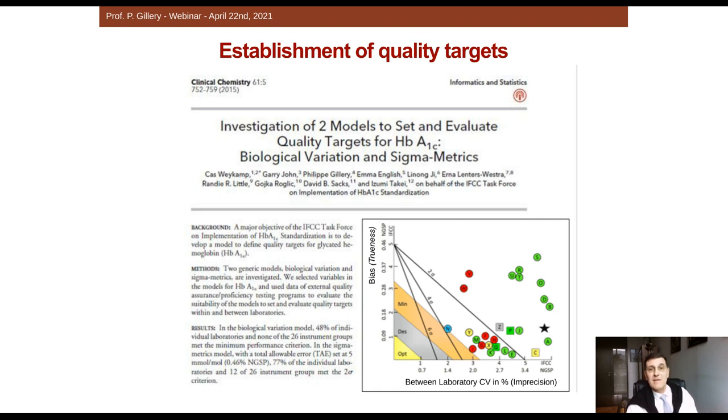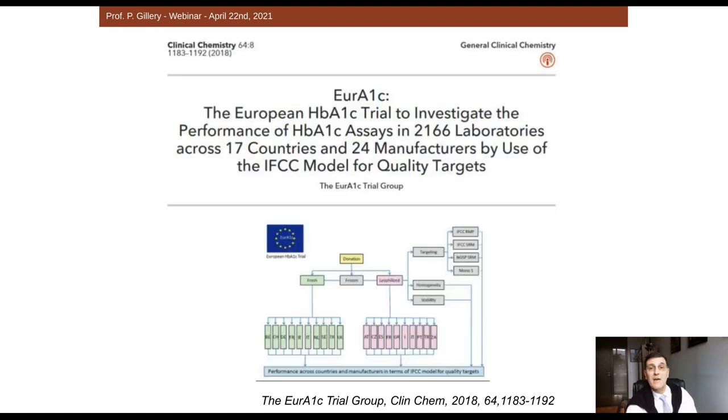And this representation allows us to easily see which methods are close to the best goal, which is close to zero bias and zero CV, hardly reachable, and it's possible to evaluate the performance of methods in terms of bias and of imprecision.